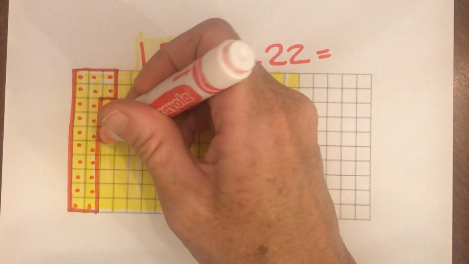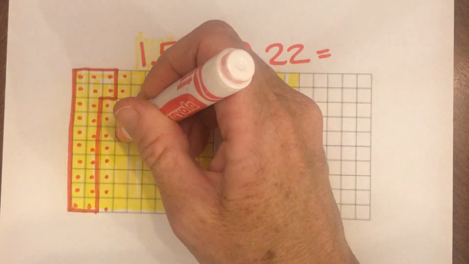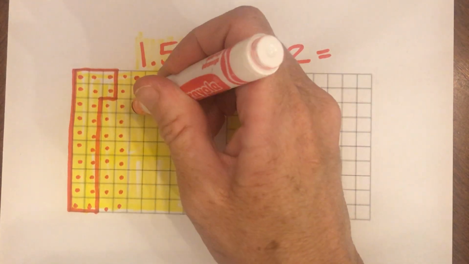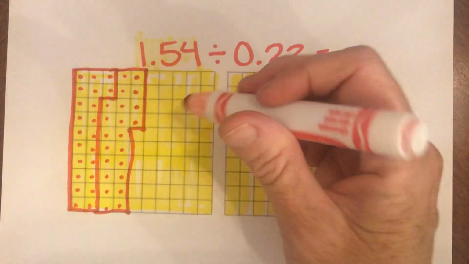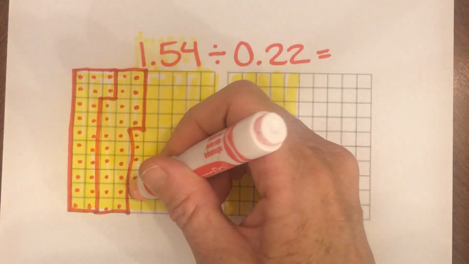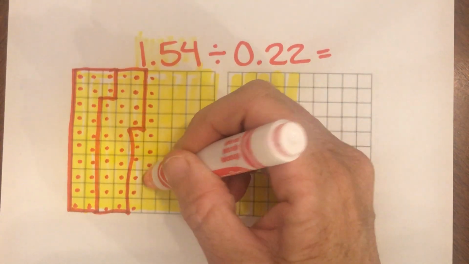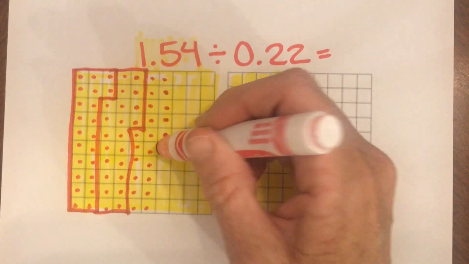Okay, counting to 22 again. That's another 22 hundredths. Counting to 22 again.